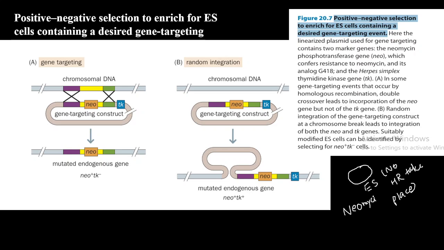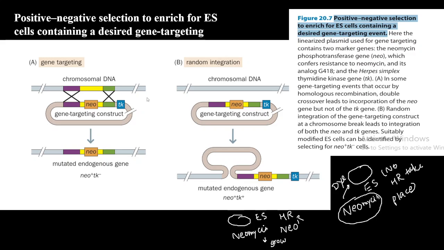So if you grow this cell in the presence of neomycin, it will die. But suppose you have the ES cell that has shown the homologous recombination and therefore it carries the neomycin resistance gene. So if you grow this cell in the presence of neomycin, this cell will grow. So like this you have to do the positive selection.